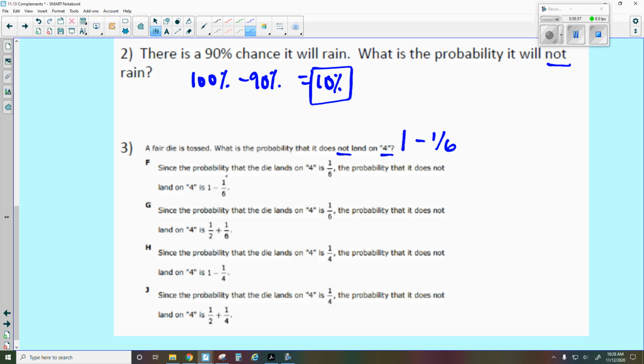Okay, so I see 1 minus 1/6, so this could work. We're not going to add. It's not 1/4. The probability of getting a 4 is not 1/4. Since the probability that the die lands on 4 is 1/6, which we determined here, the probability that it does not land on 4 is 1 minus 1/6.